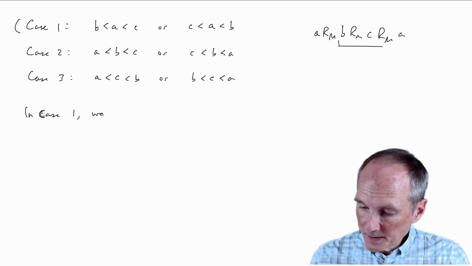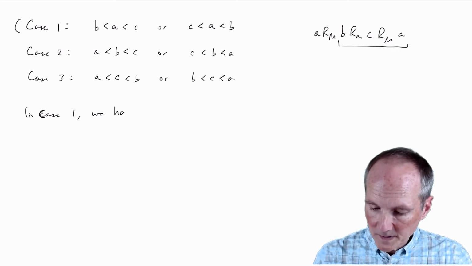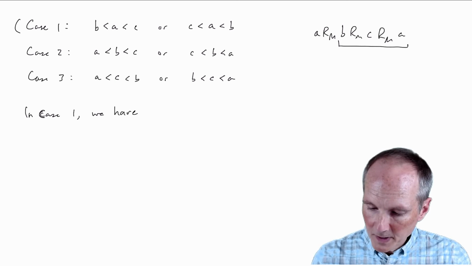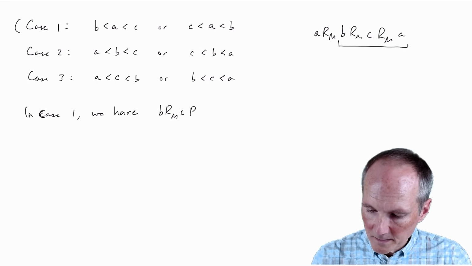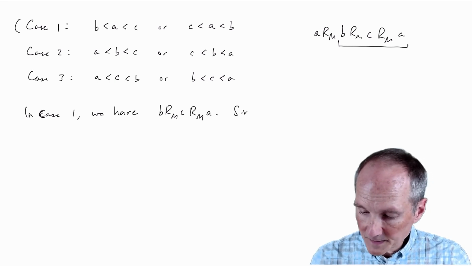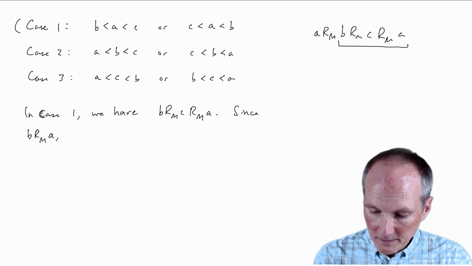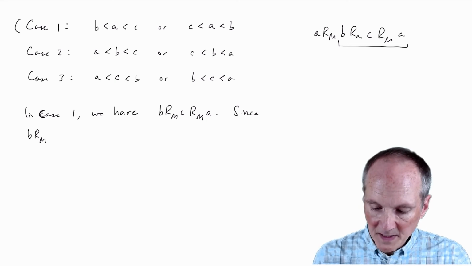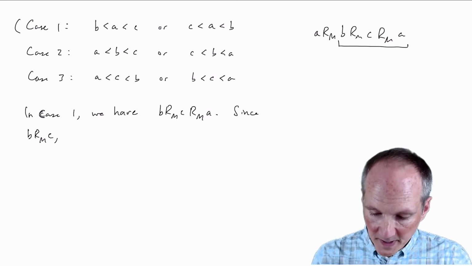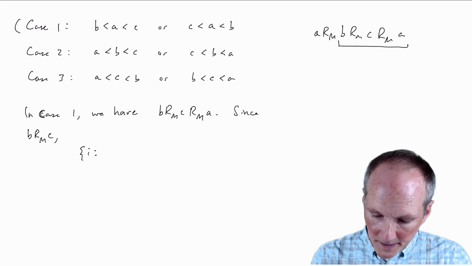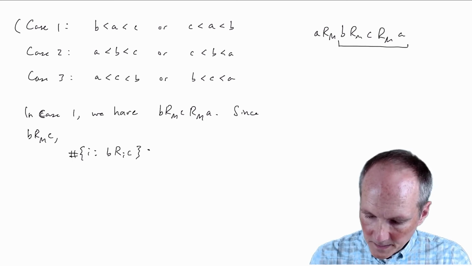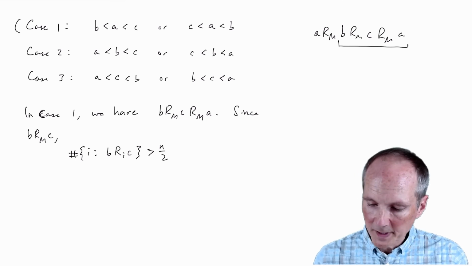We have A weakly majority preferred to B, weakly majority preferred to C, weakly majority preferred to A. Now, let's look at these 2 arcs. So in case 1, we have B weakly majority preferred to C, weakly majority preferred to A. Since B is weakly majority preferred to C, that means that the number of people who weakly prefer B to C is greater than n over 2. It's a majority, okay?